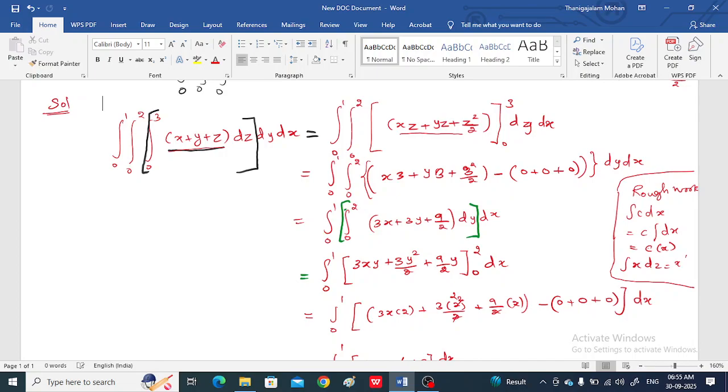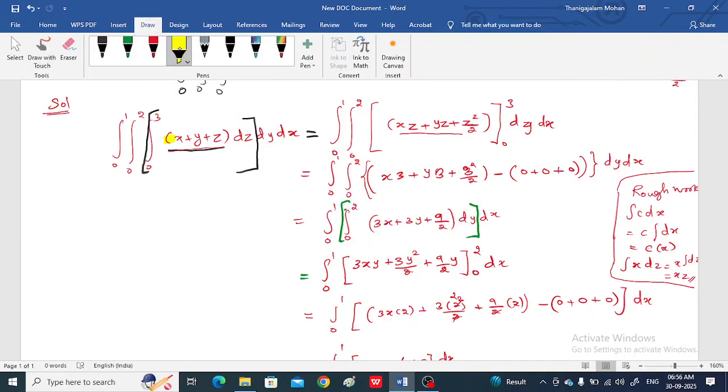It can be written as x dz. If a term is independent of the integrator, meaning dz dy dx, all these things are called integrators. This function is called the integrand.